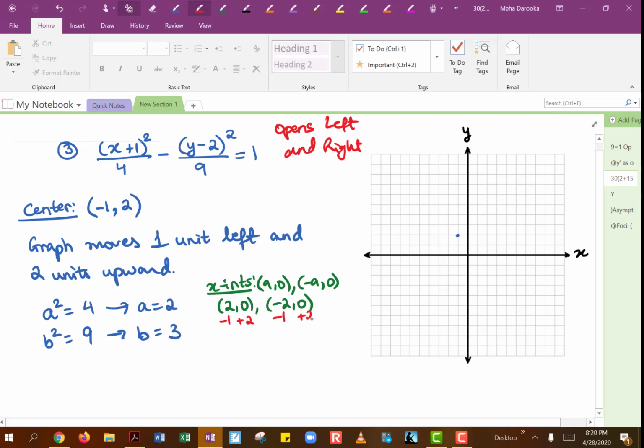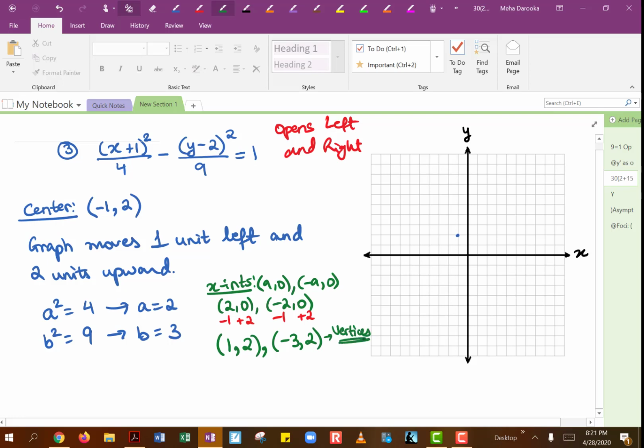So these new points become 2 minus 1 is 1, 0 plus 2 is 2, and then -2 minus 1 is -3, 0 plus 2 is 2. Instead of calling them x-intercepts, let's call these our vertices for the transverse axis.